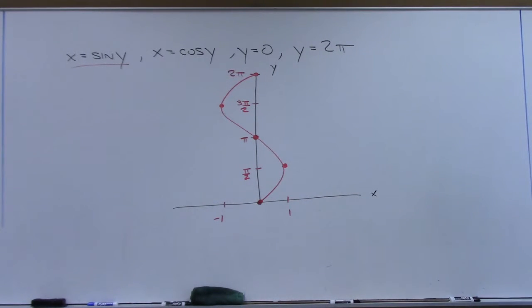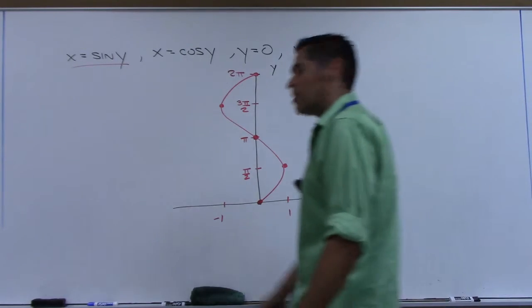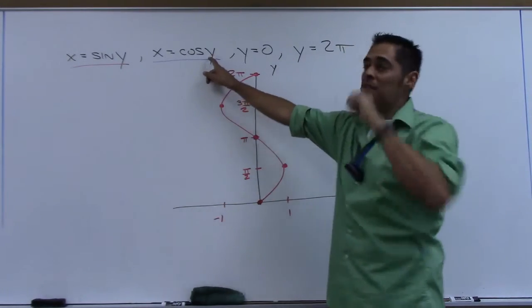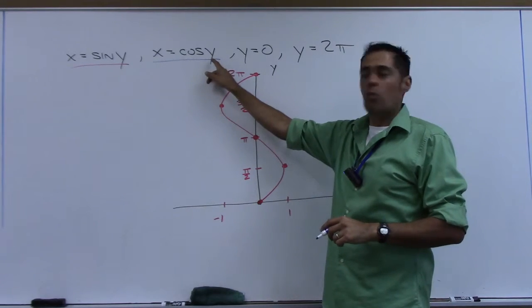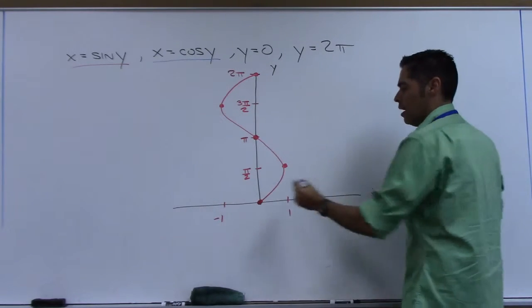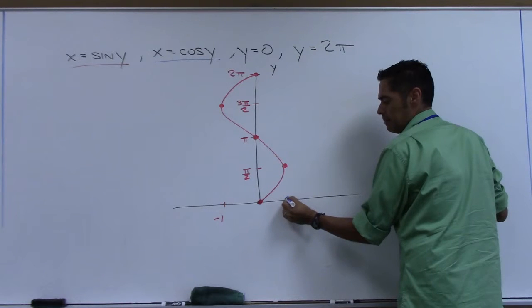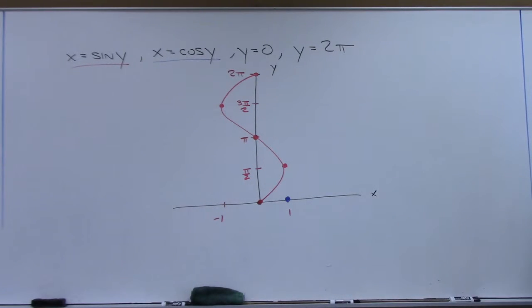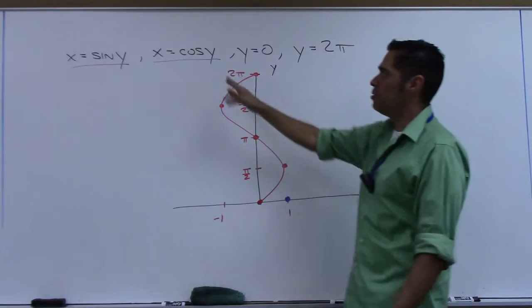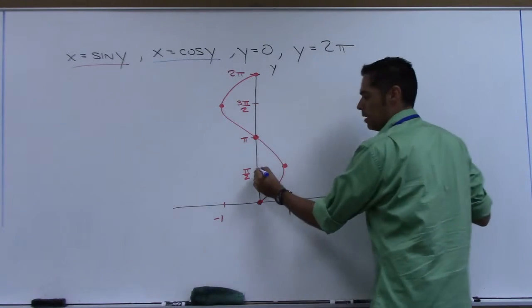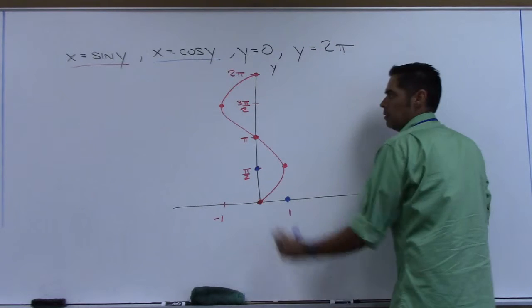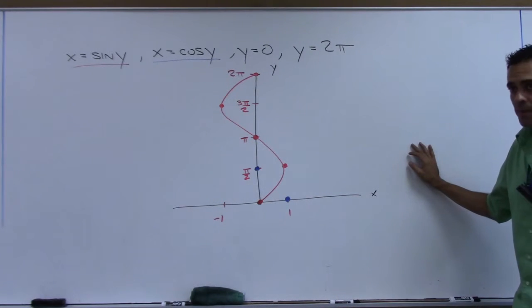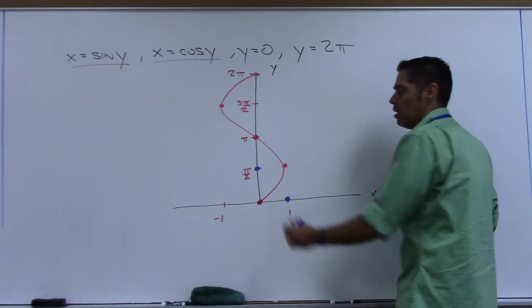All right, now we're going to do the same thing for cosine y. If y is 0, what's cosine of 0? 1. So when y is 0, x is 1. That puts me here. When y is pi over 2, cosine of pi over 2 is 0. That puts me here. When y is pi, cosine of pi is negative 1, so we're here.